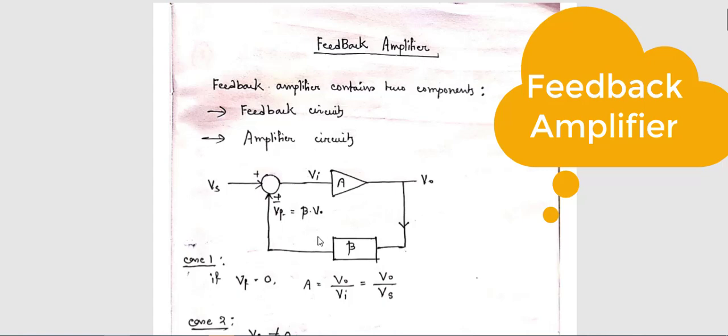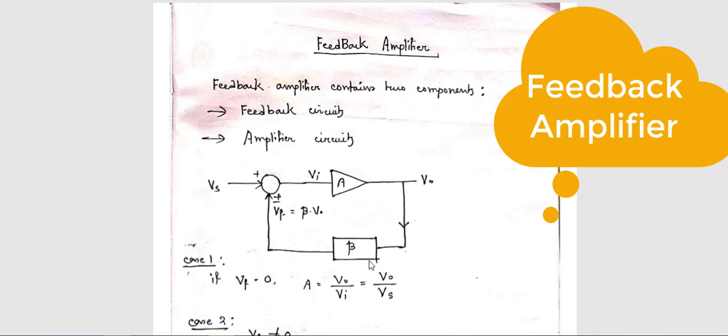Okay. Now in this diagram you can ask me that there are lots of variables. So this is Vs, this is Vi, then V0, Va, beta, A, there are lots of variables. Now what is V0? V0 is the output voltage.